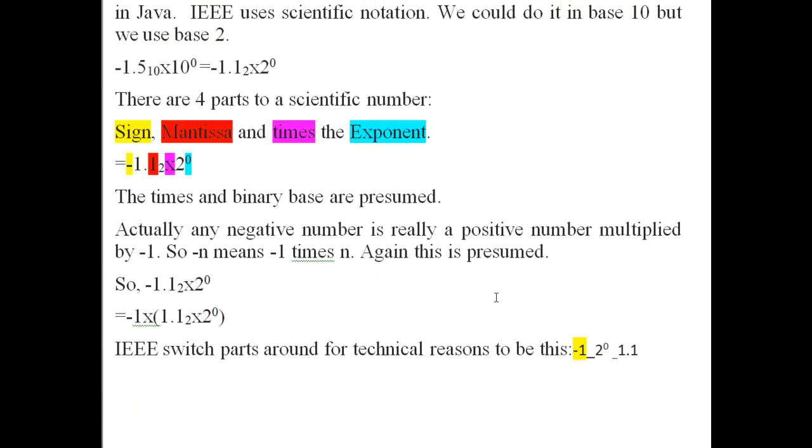And in our example we had this one here, minus 1.1 binary times 2 to the 0, and let's do an example again. This is very easy. We've got a mantissa of, this is already normalized, of 0.1.